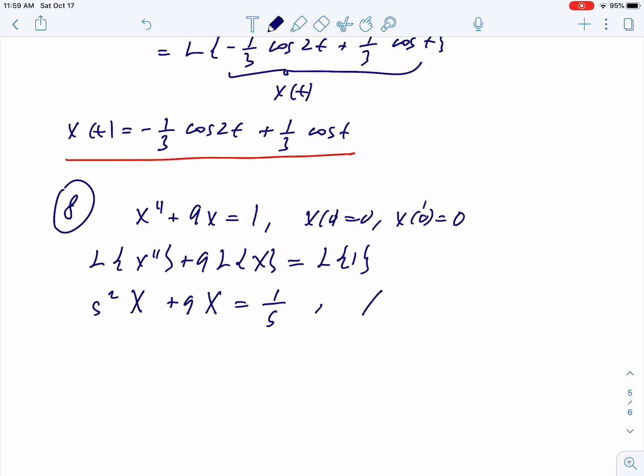So we factor the big X, (s squared plus 9) equals 1 over s. Solving for the big X, this will be 1 over s times (s squared plus 9) here.